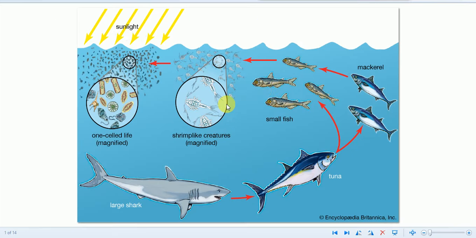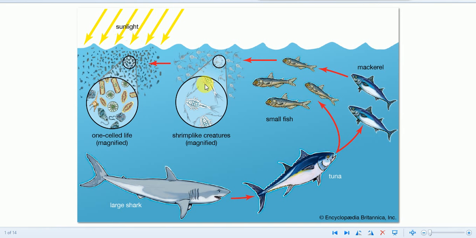So this is an example of the sea food chain. Everywhere we have food chains, maybe in the water or maybe on the land. So this is an example of the ocean food chain. And see here, here we have one-celled life, magnified here. For example, plankton. Planktons are eaten by the shrimp-like creatures.